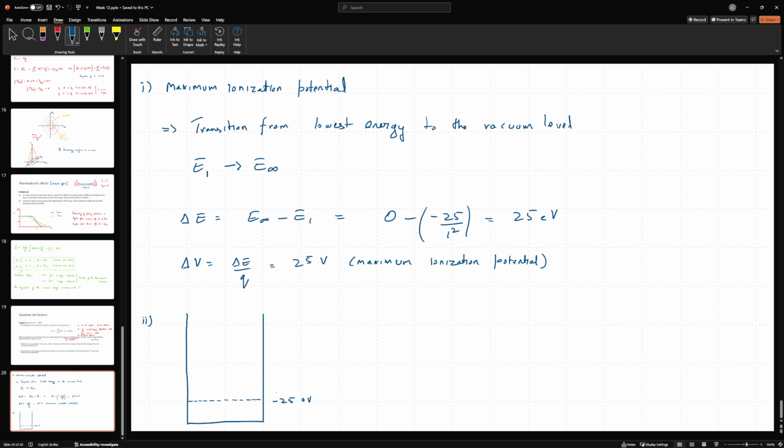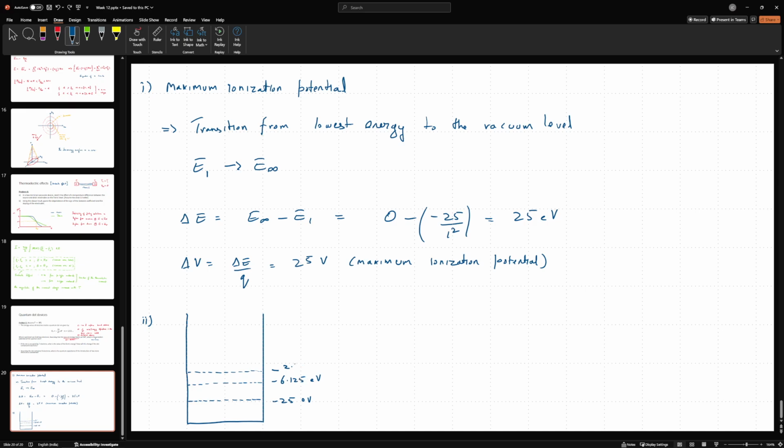The next lowest energy level is 25 divided by 4, which is going to be minus 6.125 electron volts. The next lowest energy level is going to be 25 by 9, which will come out to be 2.78. So as we move higher and higher, the spacing between the energy levels will reduce.